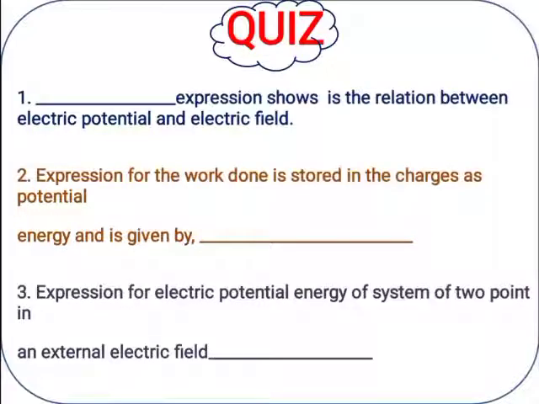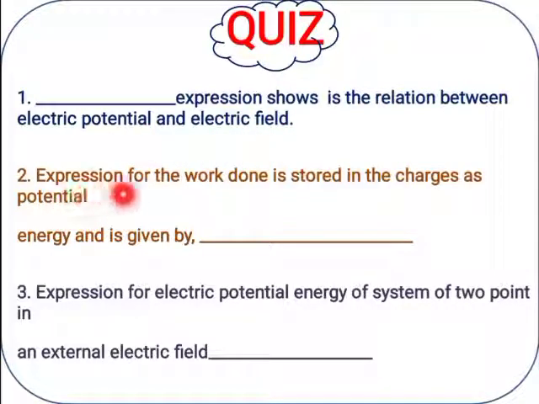And here I prepared a few questions based on these slides to check your understanding. Very simple questions. First one: the expression that shows the relation between electric potential and electric field.